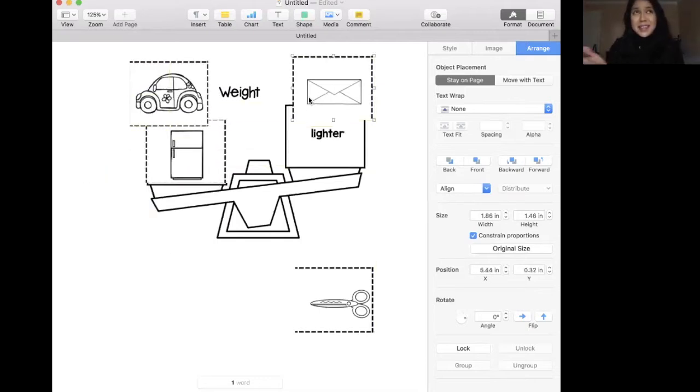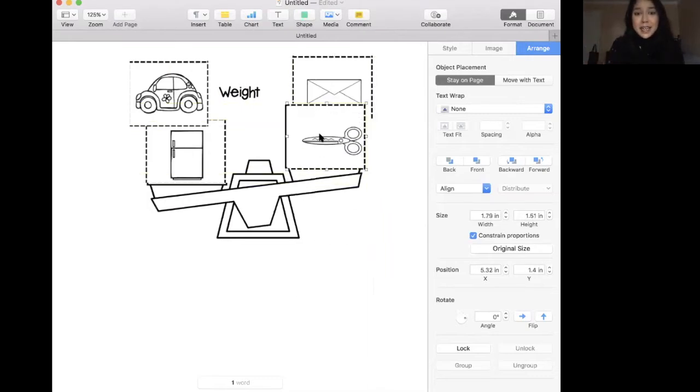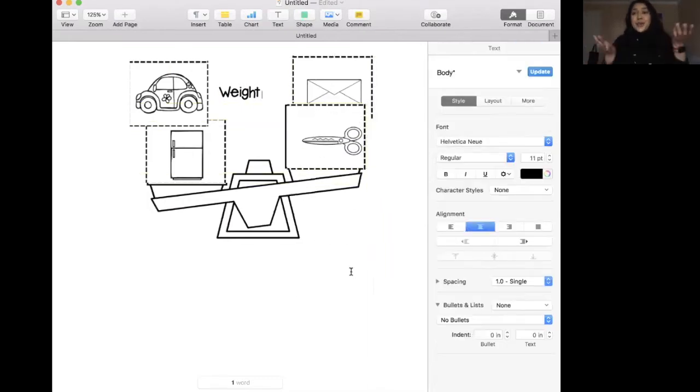Which means, can I pick up a pair of scissors easier? Yes. That must be lighter. So we have heavy and light. Like a fridge, oof, too hard to pick up, and a pair of scissors, I can pick that up.